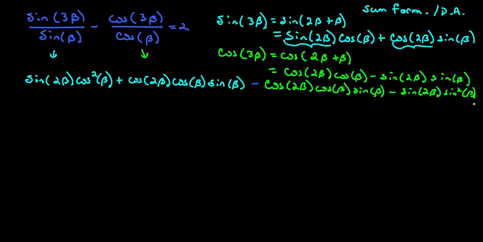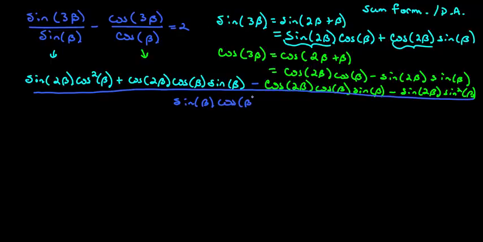Okay, like that. And that whole thing is over sine beta times cosine beta. This thing should be equal to 2. So what we like is if something would cancel out.